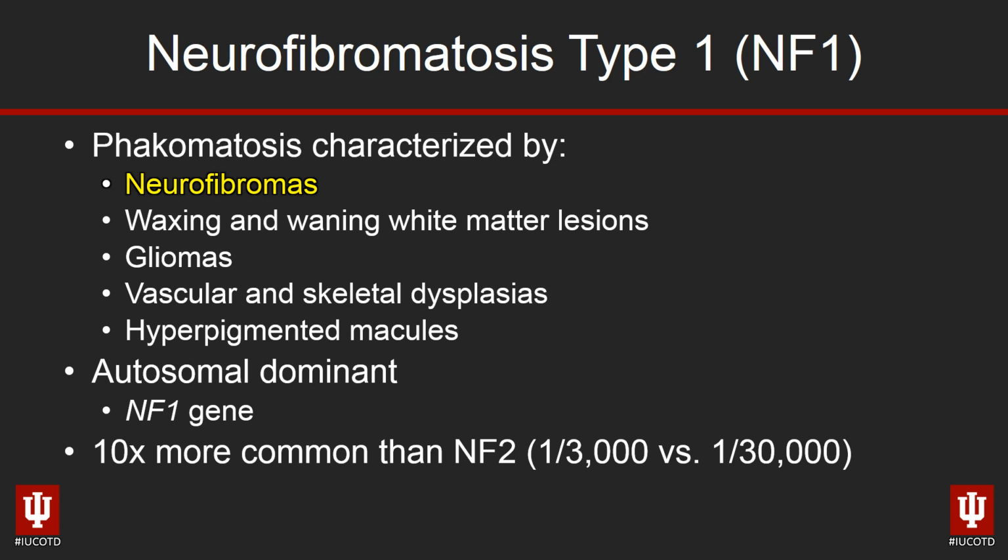But at any rate, NF1 has an incidence of about 1 in 3,000. That's compared to NF2 that has an incidence of about 1 in 25 to 1 in 30,000, so at least tenfold more common than NF2. And importantly, this is a diagnosis of the first decade of life. In fact, it's thought that around 97% of patients who have NF1 meet diagnostic criteria by age 8.